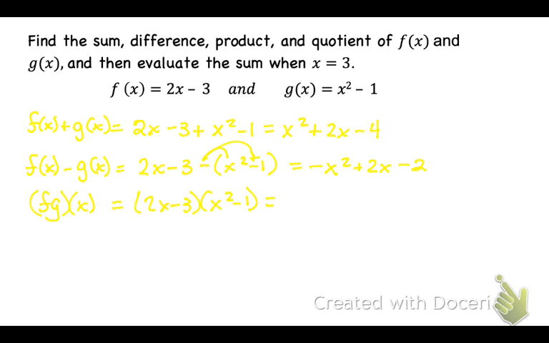So I'm going to have what? 2x cubed minus 3x squared minus 2x plus 3. And I would combine like terms if there were any, but do I have any like terms?